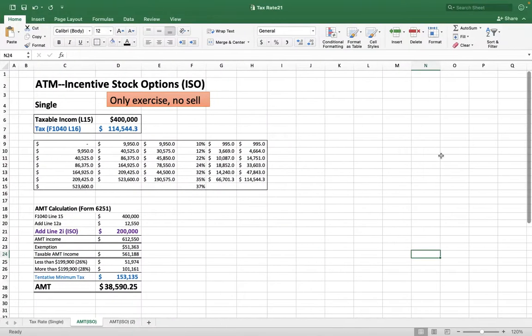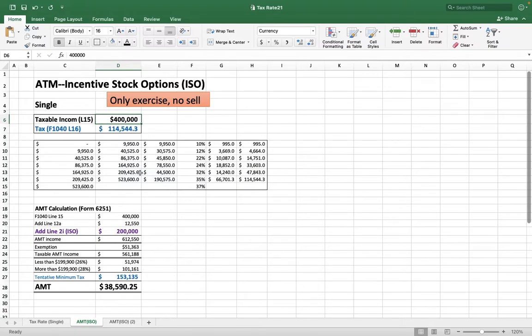Now I'm going to show you how to compare your regular tax with your AMT. Let's say in this example you are a single filer. On your Form 1040, line 15, taxable income, you would get $400,000.